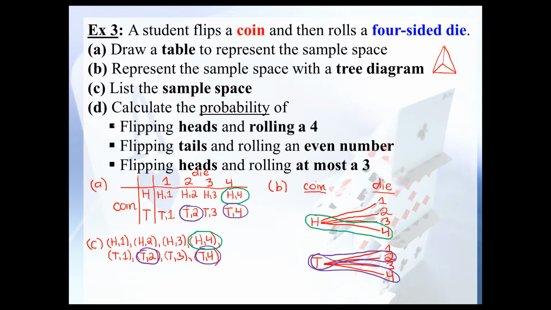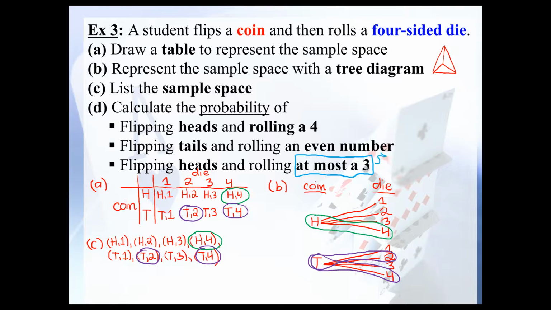Okay, the final one says calculate the probability of flipping heads and then rolling at most a 3. So we've got that funky language going on here again. Let's try to clarify what this actually means. At most a 3 means that is the biggest number you're allowed to have.